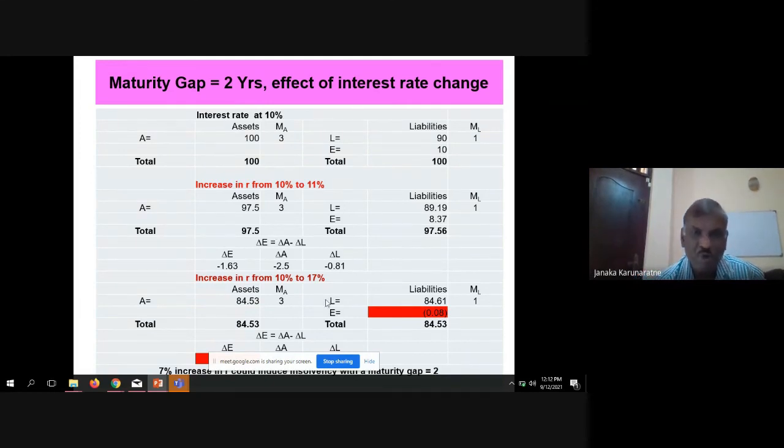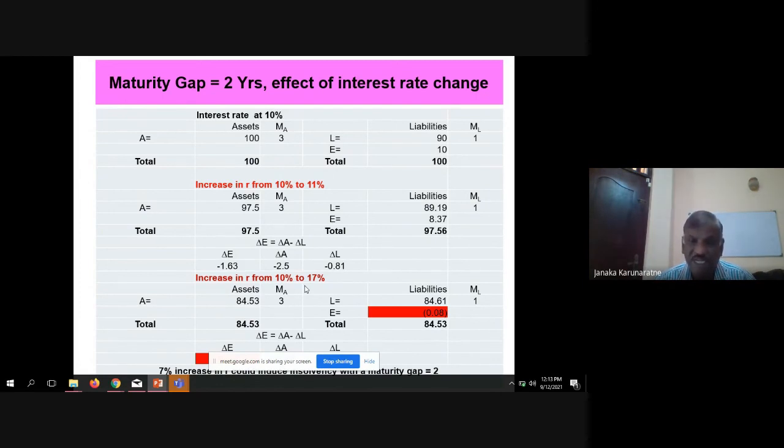Okay, now let's move on to the third scenario. Earlier we looked at 10 to 11. Now take a scenario 10 to 17. Generally these sorts of increases won't happen under normal market conditions, right? But under volatile market conditions, suddenly interest rates may move. That has happened in many parts of the world in some difficult periods.